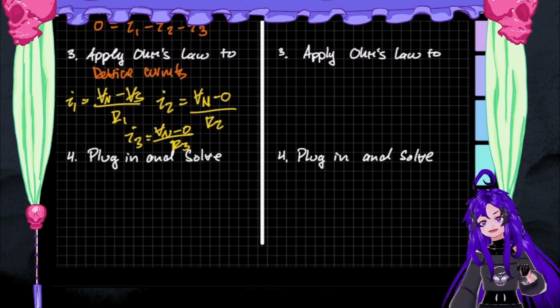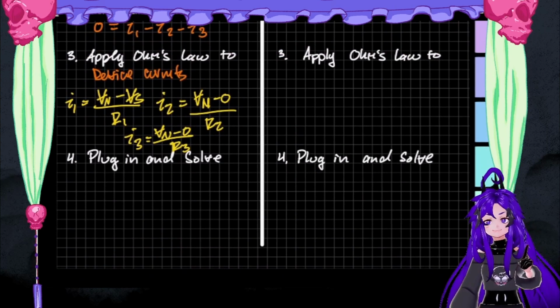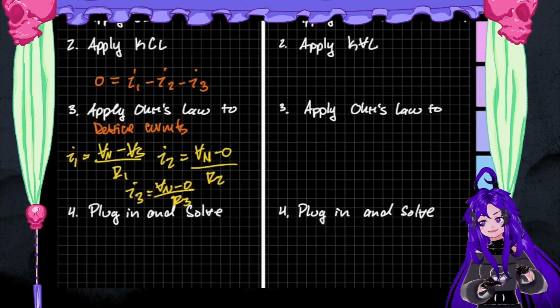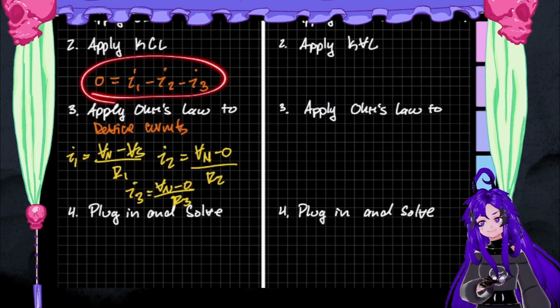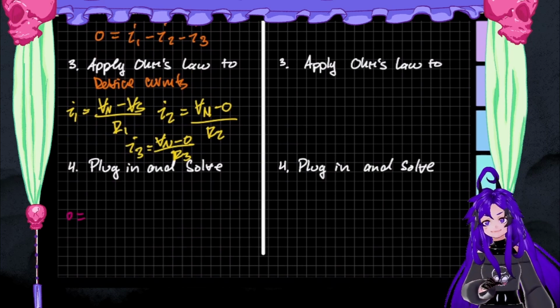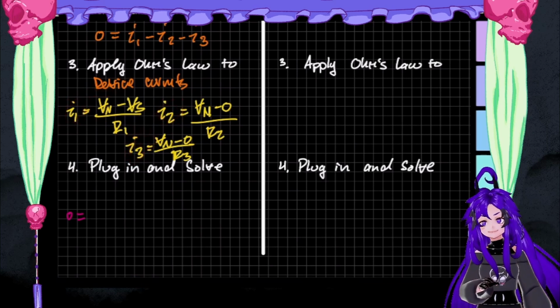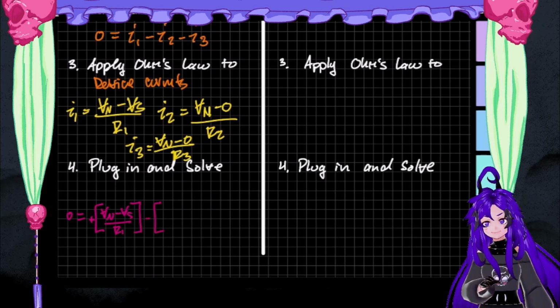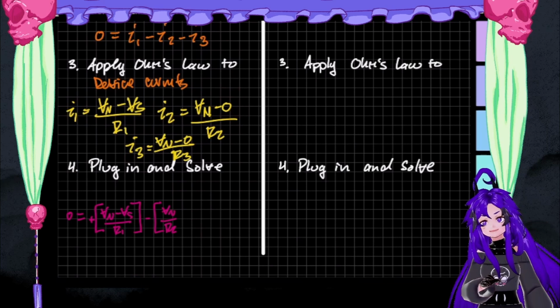Then we just plug it all in and solve. We take our equality, 0 equals, and plug in our I1, I2, and I3. So it's Vn minus V source over R1, then minus Vn over R2, because I don't need to write out the minus 0, since that's ground.